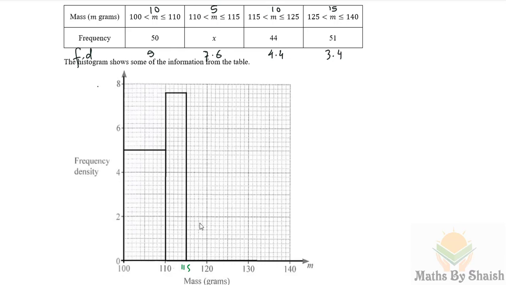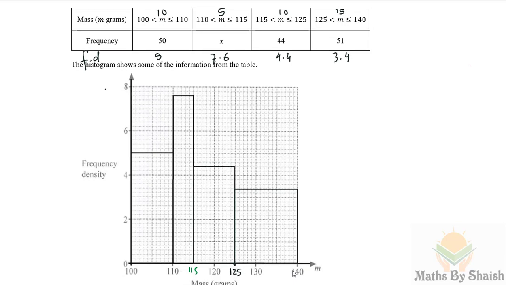So once we have the frequency density, we'll make a block. We have 115 to 125, and 125 to 140 is given. So let's make a bar.